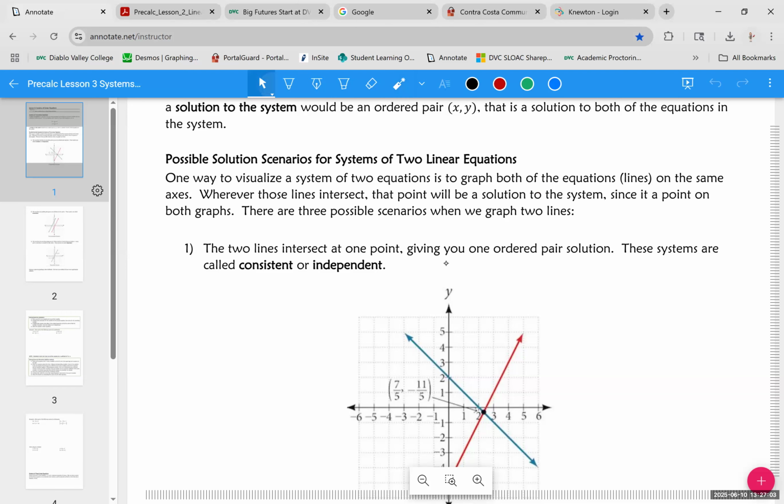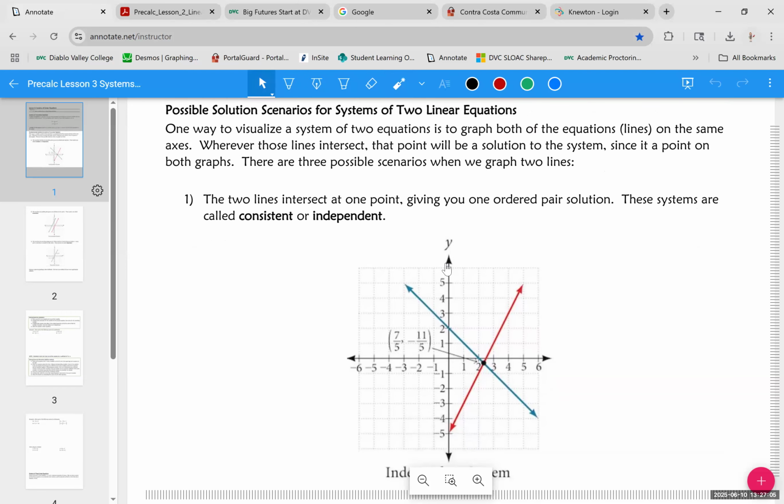And in that situation, similar to this picture here, if you graphed both the lines and they share a point of intersection, then that's the solution to the system because that point works on the first line and the second line, right? So what you're really doing is finding the point of intersection when you're trying to solve a system of 2 linear equations. And there are 3 different possibilities of what could happen if you were to graph 2 lines.